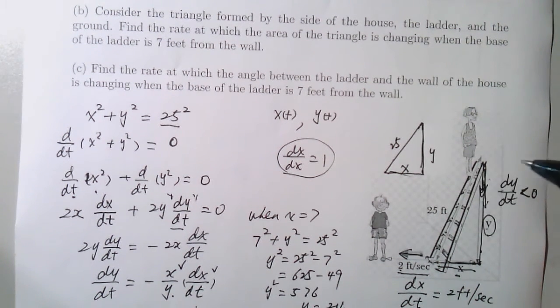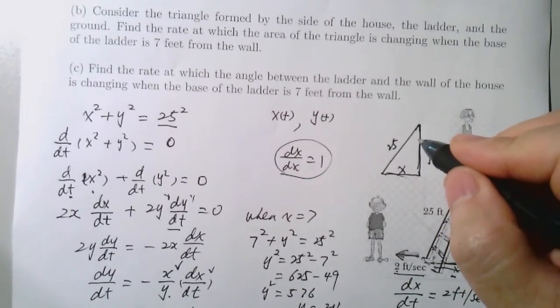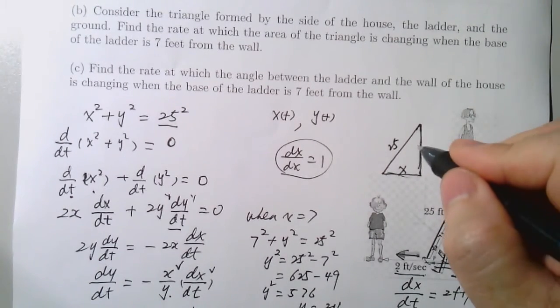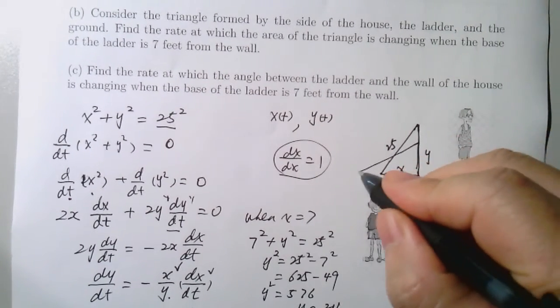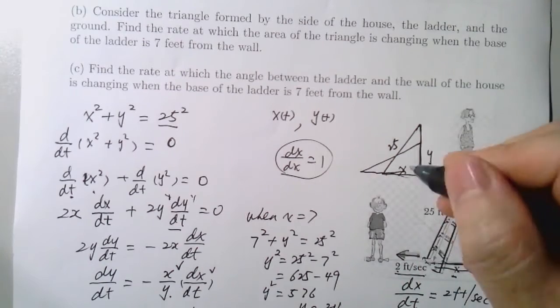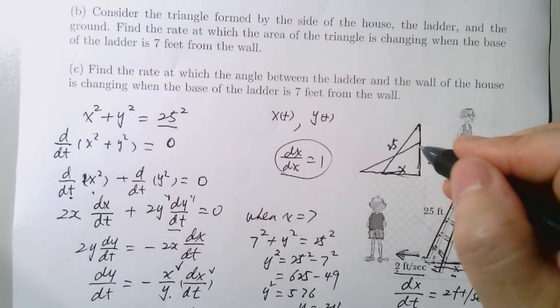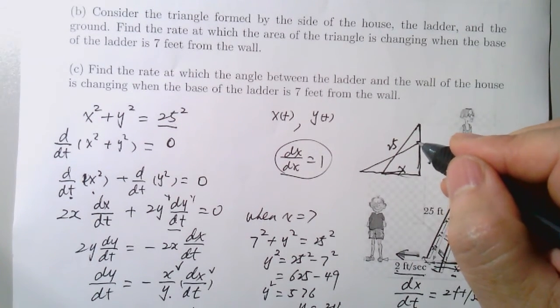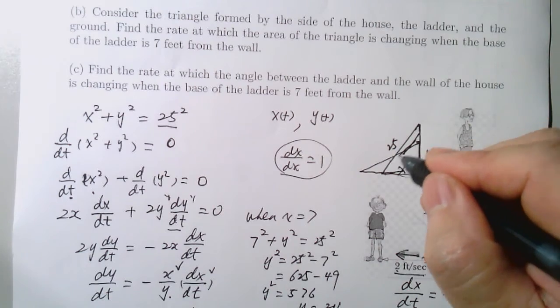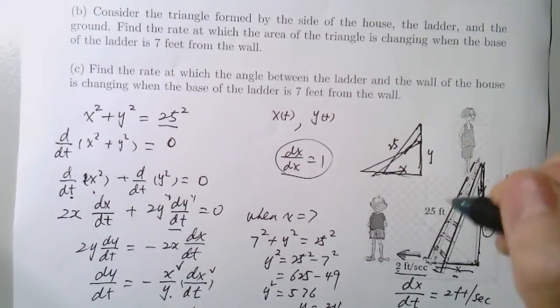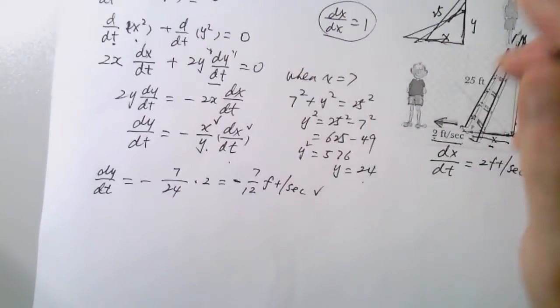When the ladder moves, you get a different triangle, and it can move again, so you get many different triangles, but it doesn't matter.